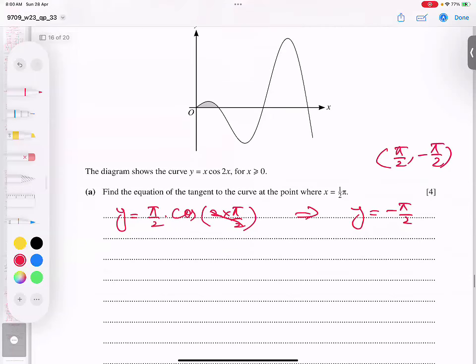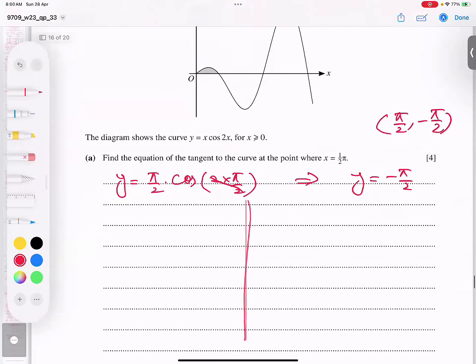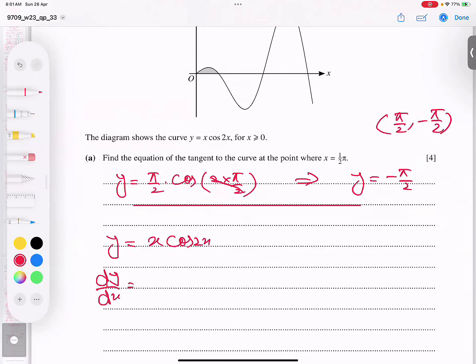Equation of the tangent, basically the formula we have, students, you know it very well. Okay, wait a minute, maybe I have to use the product formula here, students. So I am doing the product formula. y equals x cos 2x. What a basic formula, students, you know it very well. First x copy, second derivative: cos 2x copy and x derivative, 1 by 1.